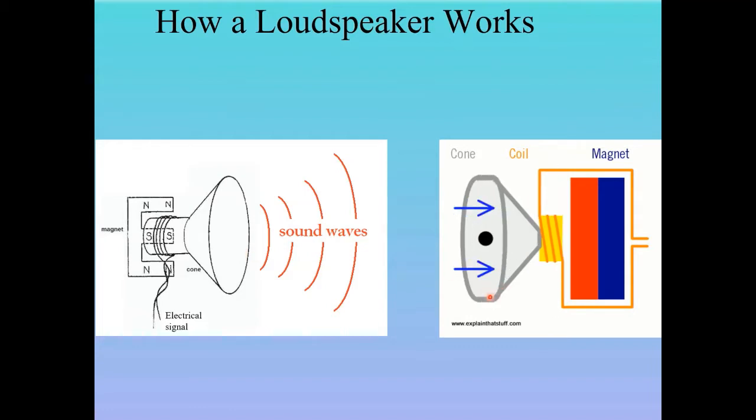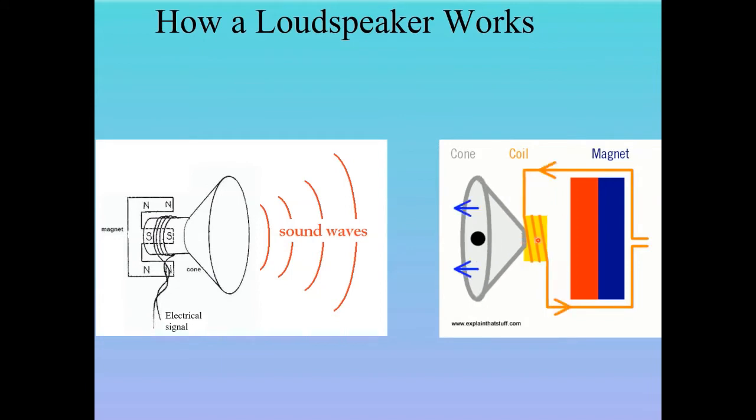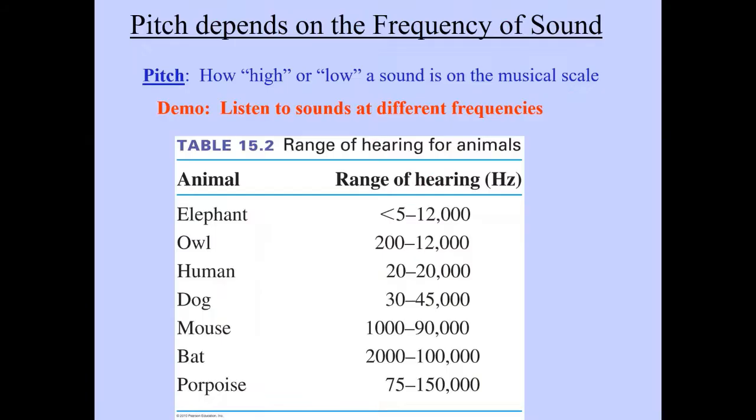Here you can see in this animation, the speaker is actually moving back and forth, with some signal that's fed into the coil here. So what we're going to do shortly is listen to some different frequencies and see how our ears and our brain interpret that sound.